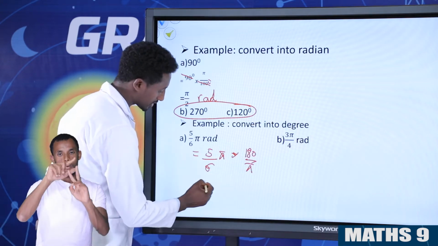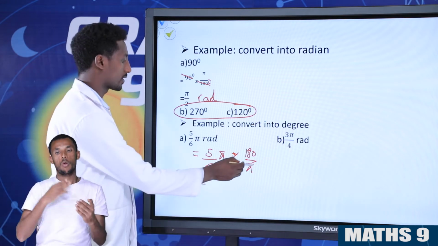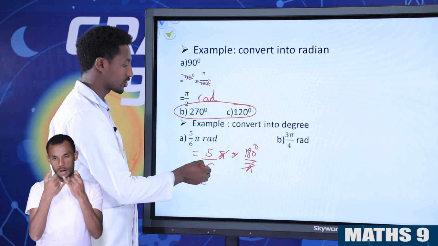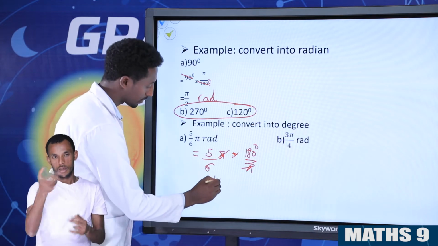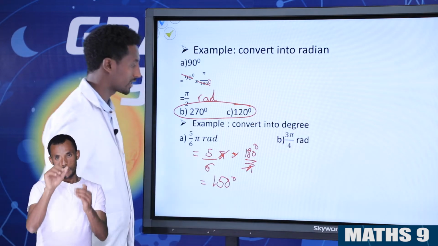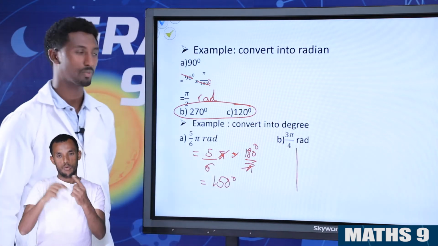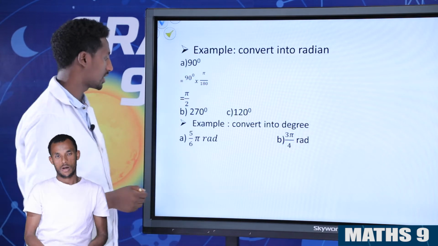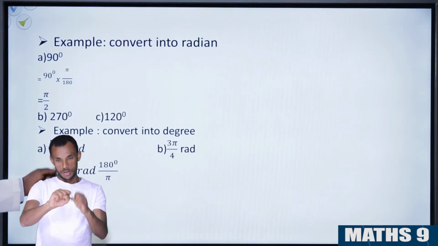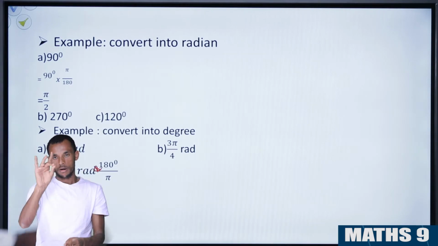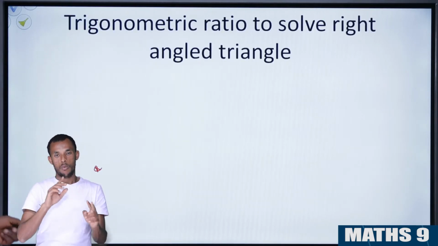After simplification, we can cancel pi. 180 degrees divided by 6 is 30, times 5, 150 degrees. So 5 over 6 pi rad times 180 degrees over pi gives 150 degrees.